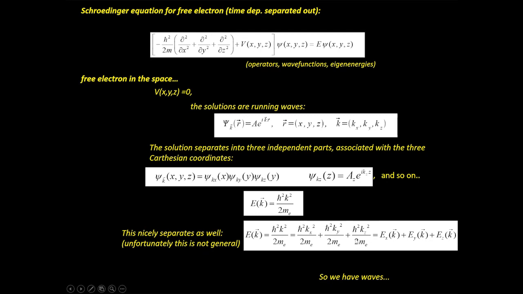This is only part of a wave function associated with one coordinate, and you have an eigenenergy associated with this wave function here. And this energy for free electrons nicely separates into parts associated with Cartesian coordinates. Unfortunately, this is not general. So the conclusion is we have waves here.